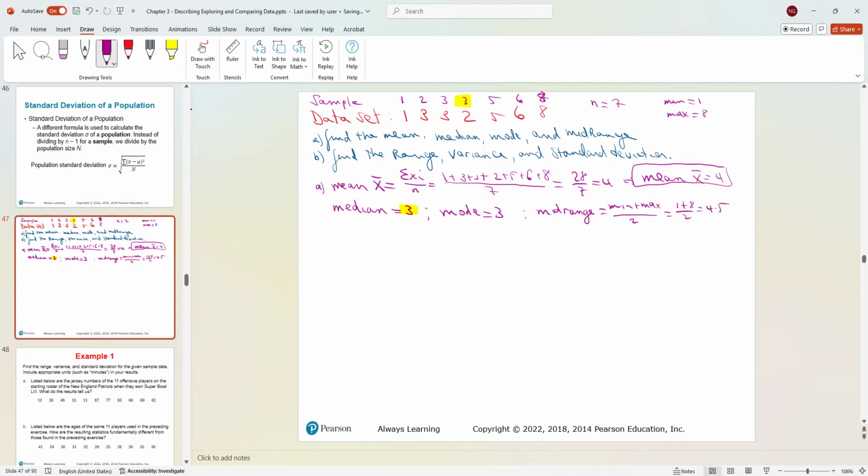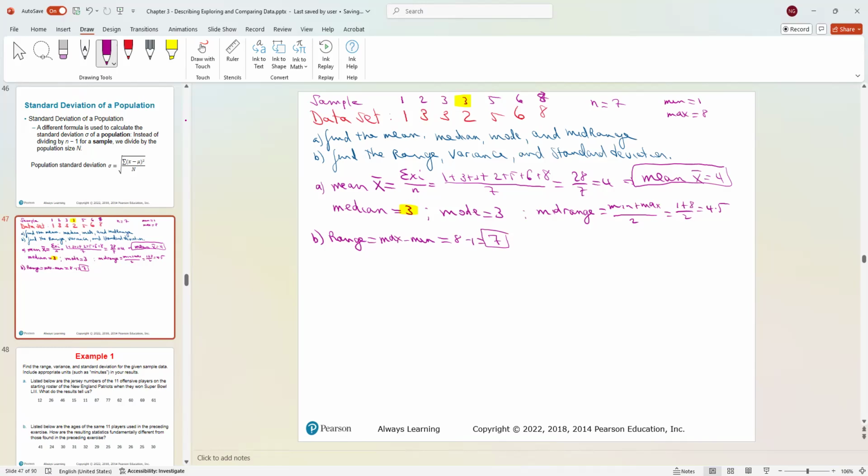So we found the mean, median, mode, and mid-range. Now, next question, B: they ask us to find the range. Remember, the range is simply the largest number minus the smallest number, which is 8 minus 1, which is 7. The next question is to find the variance and the standard deviation.